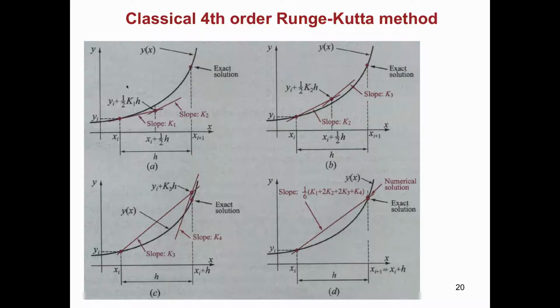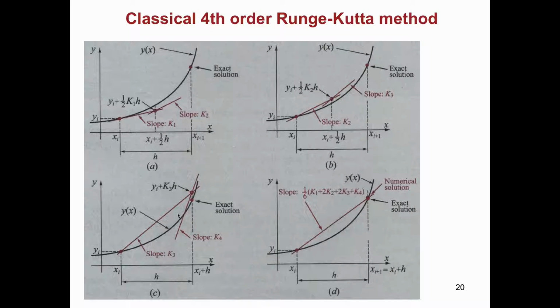Now I'm going to get that slope and again start from this point and take it halfway. Find my estimated y. For that y and that x, again, I have a certain slope k3. Awesome. So I'm going to take that slope, k3, and extrapolate from this point the entire length of step h, and find my final slope at that point, which is this one.